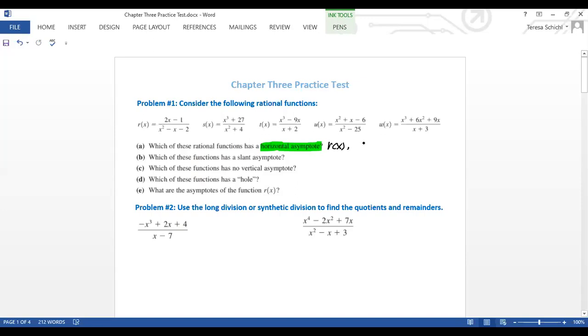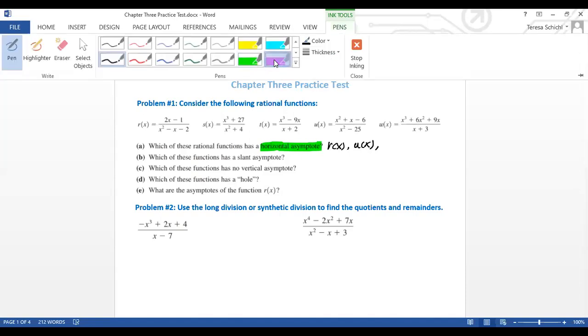The same is true for T(x). How about U(x)? U(x) has a square on top and a square on the bottom, so the horizontal asymptote exists and is equal to 1. Then W(x), the top is bigger than the bottom, so the horizontal asymptote does not exist.